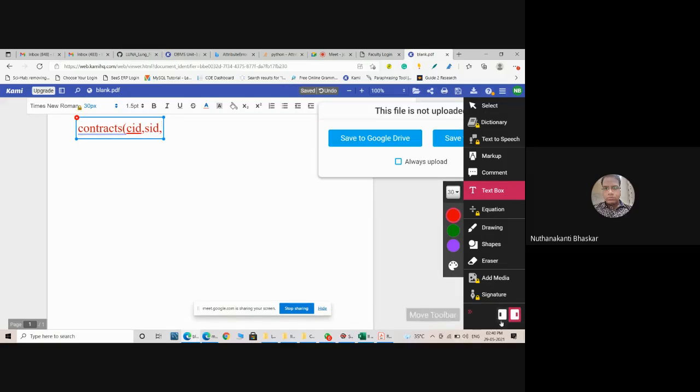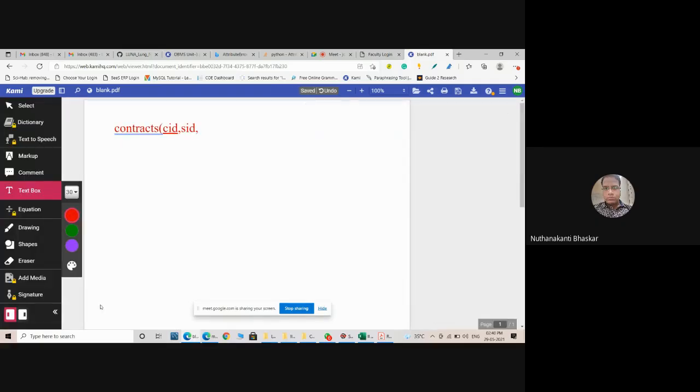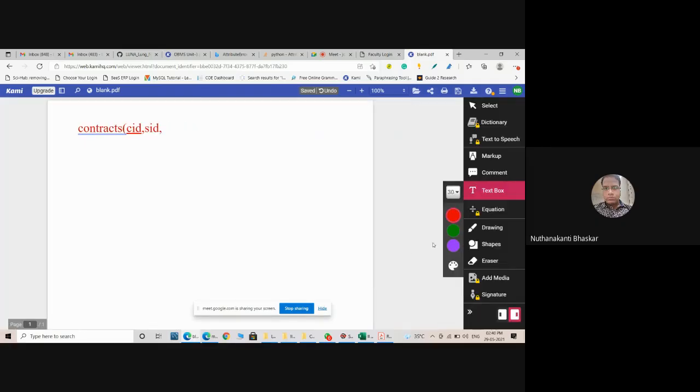When you use a primary key, as I told you just now, all the remaining attributes depend on the primary key. Yes or no? Yes, sir. Now SID is the supplier ID. Contract ID, SID, and JID. JID is the project ID, and department ID.